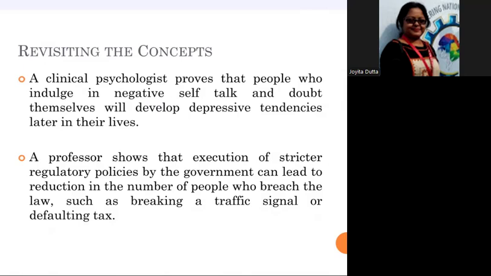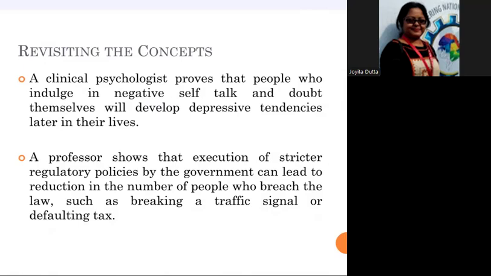We saw that people who had been indulging in negative self-talk became feeble, we could not grow confidence in the person, who always had a thought stating that I can't do this. Okay, so we gave that description.